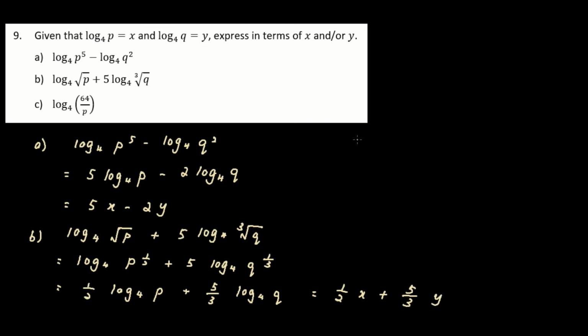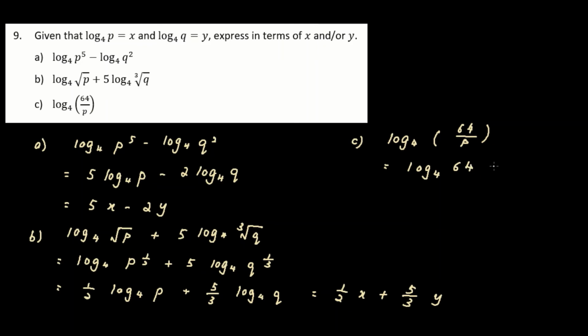Okay, the last one, C, log 4 of 64 over P. Let's try to expand it. This is divide, right? So log 4 of 64 divided by P. We can use the division law to help us expand it.